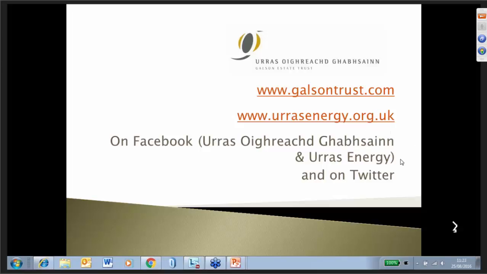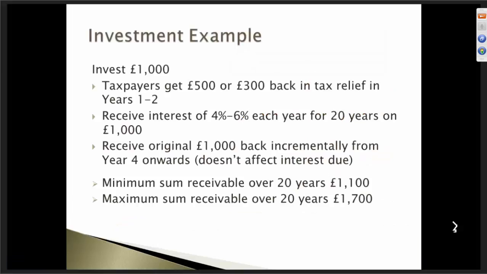I'll get my colleague Neil to explain that. It was a payback of £1,100, isn't that right? Okay, it's Neil here. What we have here is somebody who invests an amount of money and then receives interest on that over the whole 20-year period. They also have tax relief received as well.